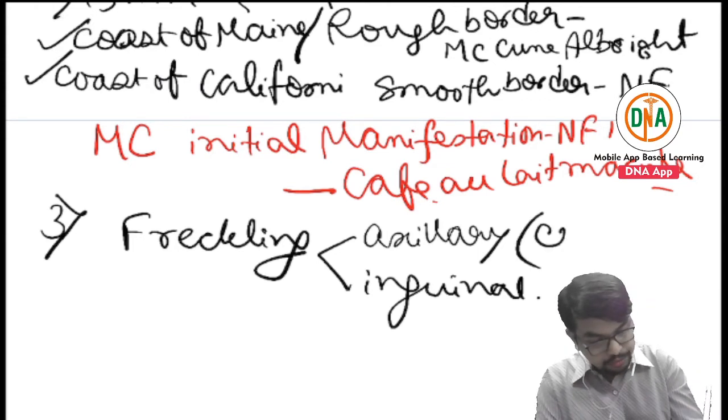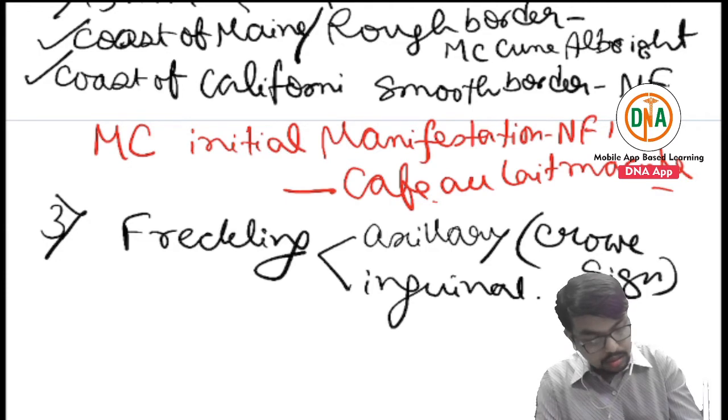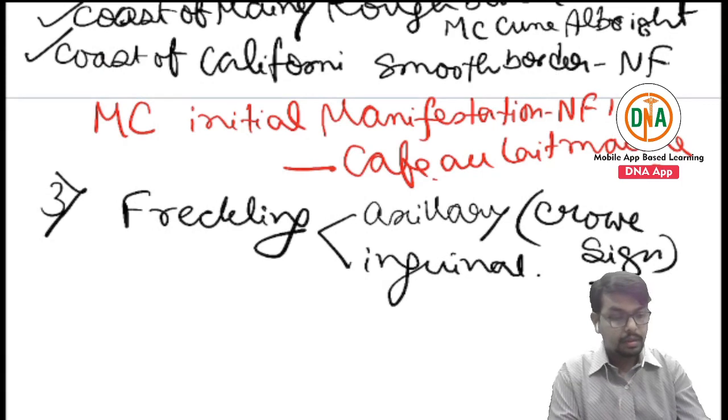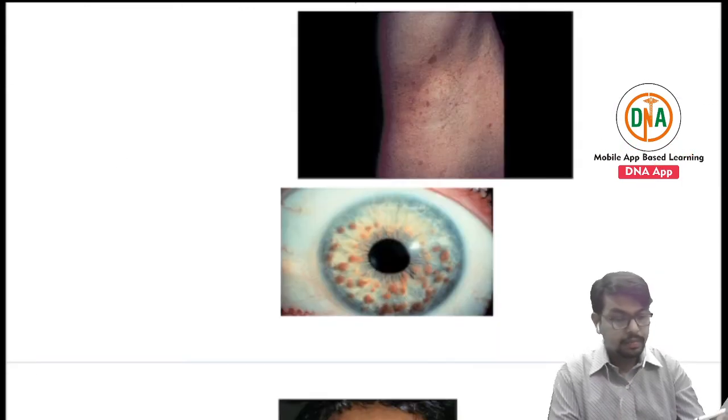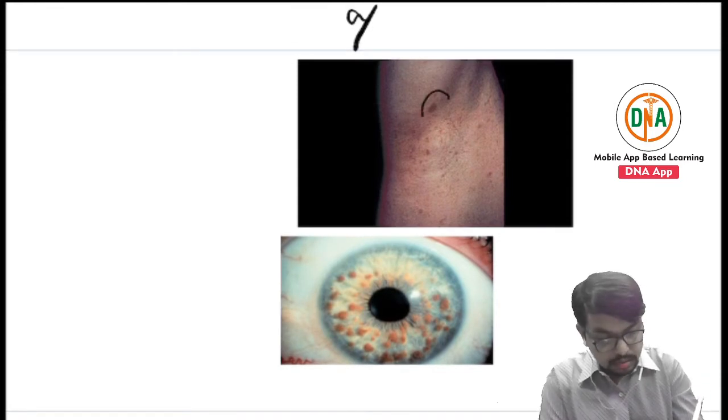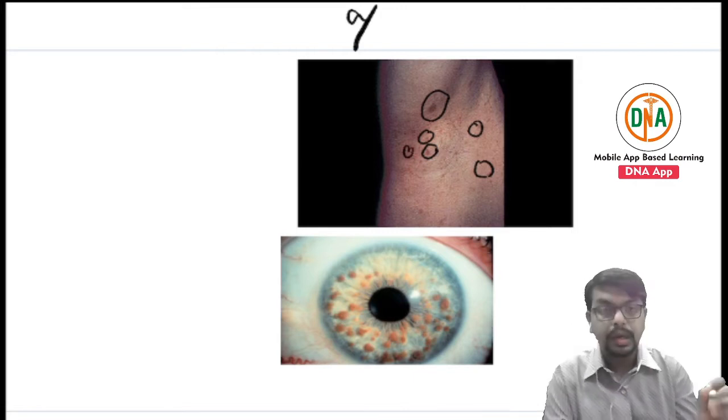The axillary freckles are also known as Crowe sign. This is axillary freckling here. Look here, axillary freckles are present.